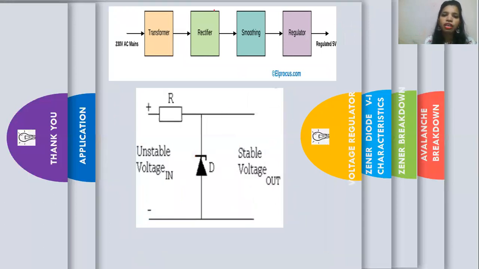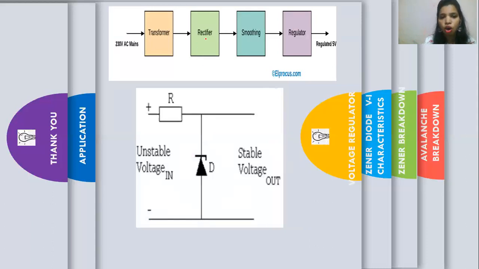See, this is the block diagram of a power supply that I have taken from alporus.com. All the diagrams I have taken from Google or from books, just to explain the topic in a clear manner. So this is the diagram of the power supply. If you remember, first there is the step down transformer, then the rectifier.